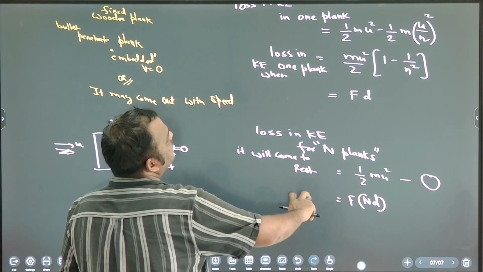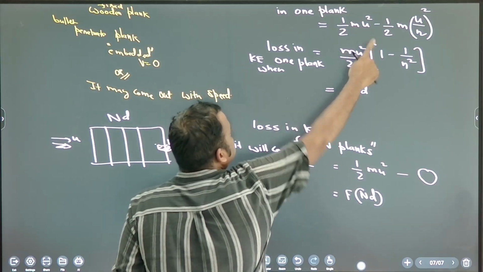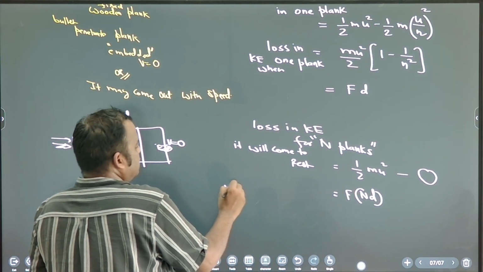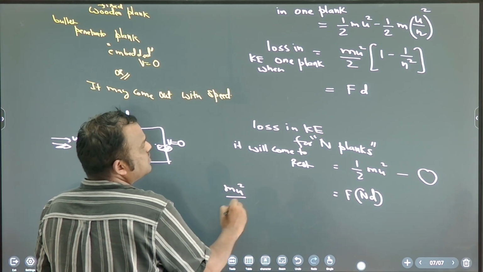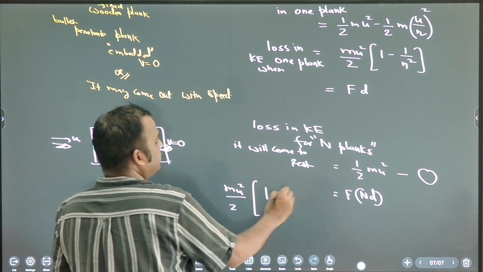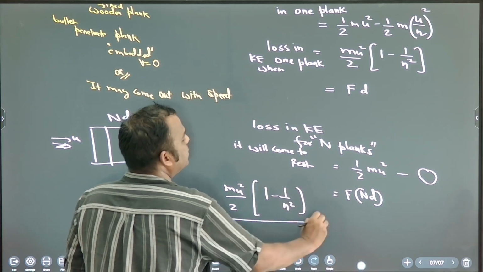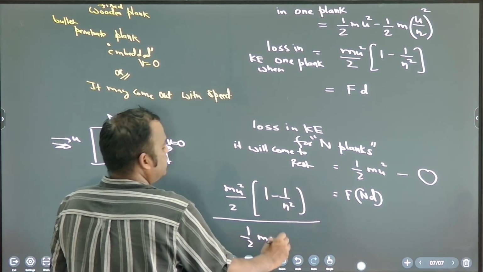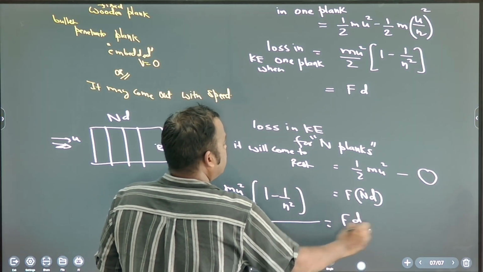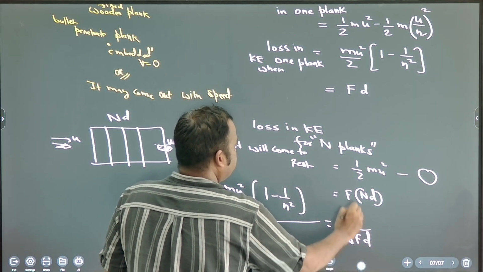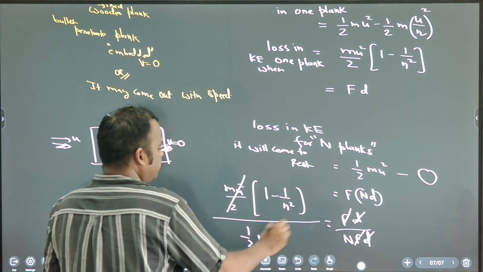Now divide these two, this by this. Let's finish this topic fast. Half m u square (1 minus 1 by n square) divided by half m u square is equal to F d by N F d. F d cancels, half m u square cancels.